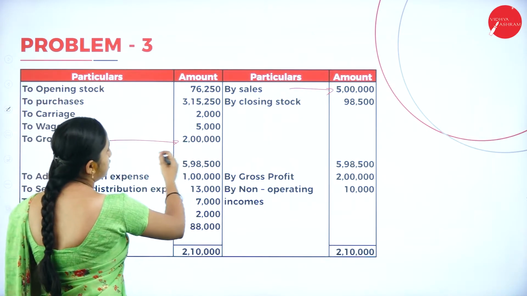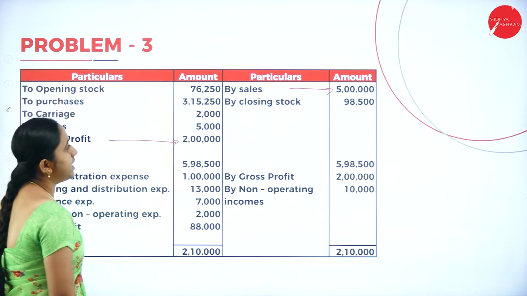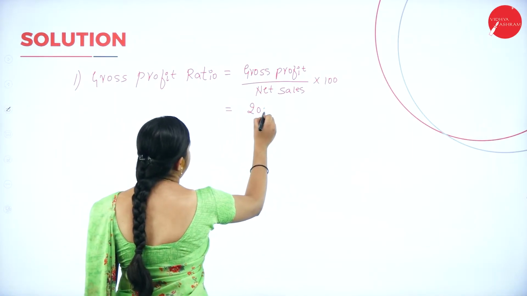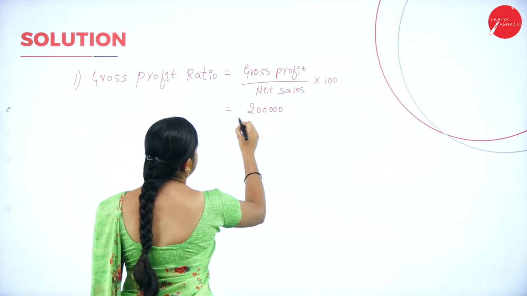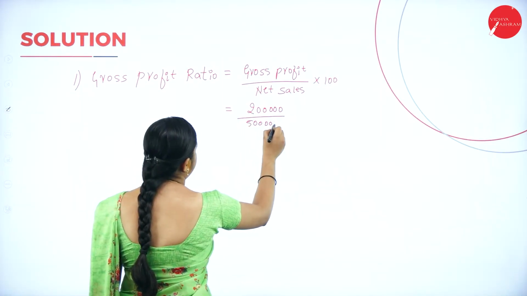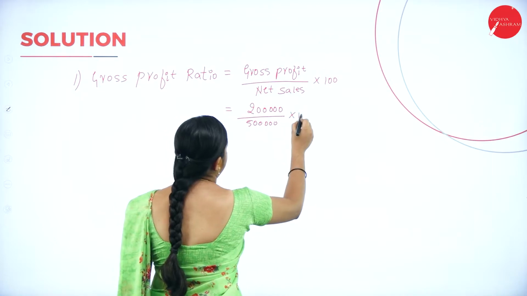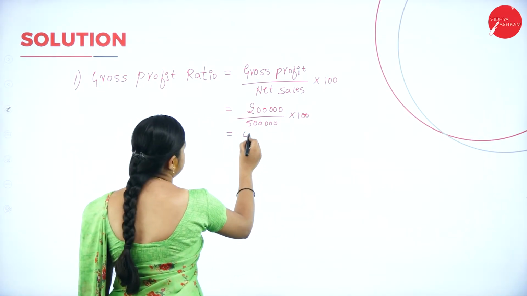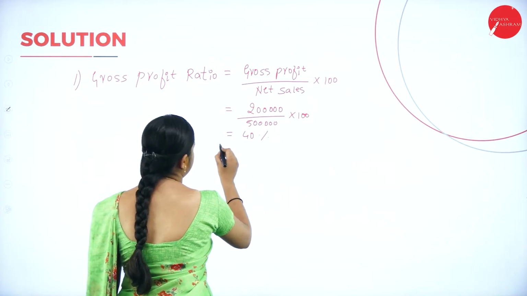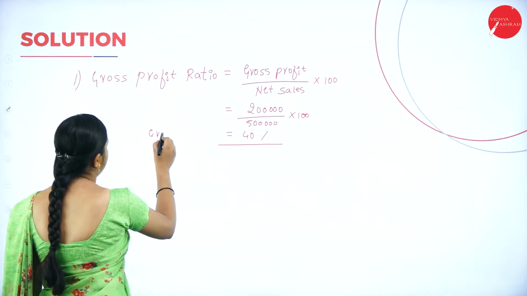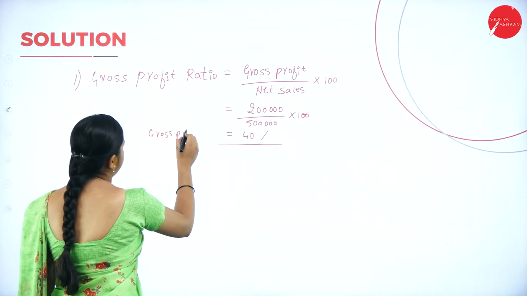2 lakh is gross profit. 5 lakh is net sales. Gross profit is equal to 2 lakh, net sales 5 lakh, into 100. 40% is the gross profit ratio.